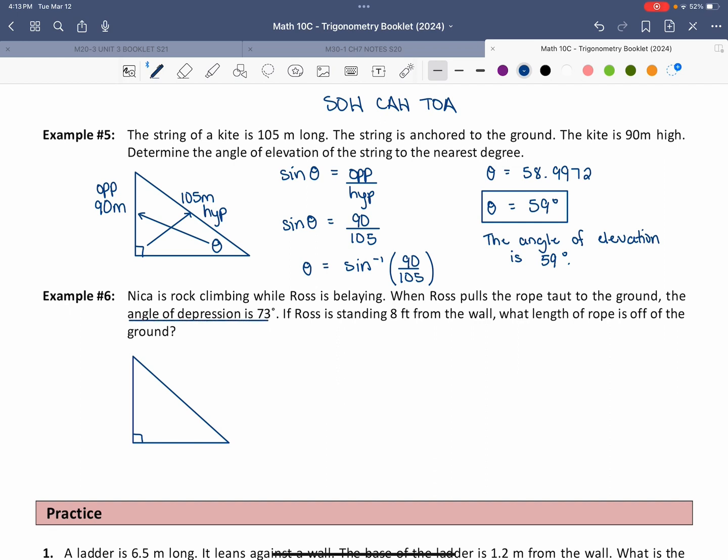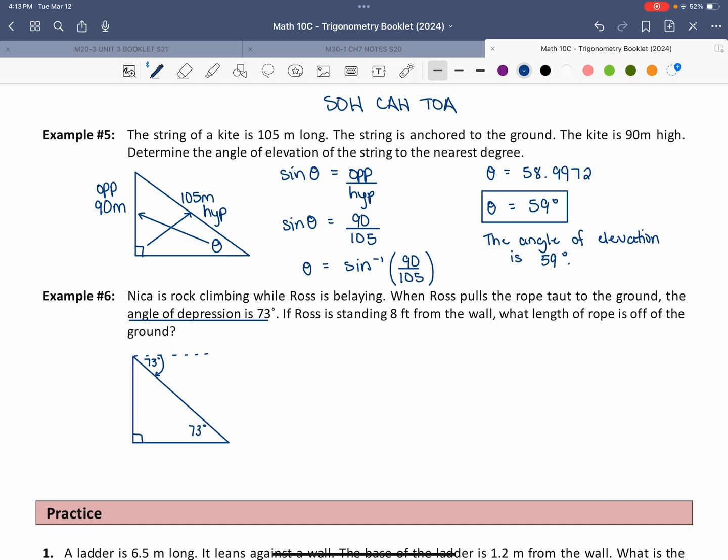So angle of depression goes from the top of your triangle. So I'm going to draw a horizontal line there. Angle of depression is here, looking down to the line of sight. So that's 73 degrees. But we said on the last page, when we have a Z shape like this, the angle of depression and the angle of elevation are equal.